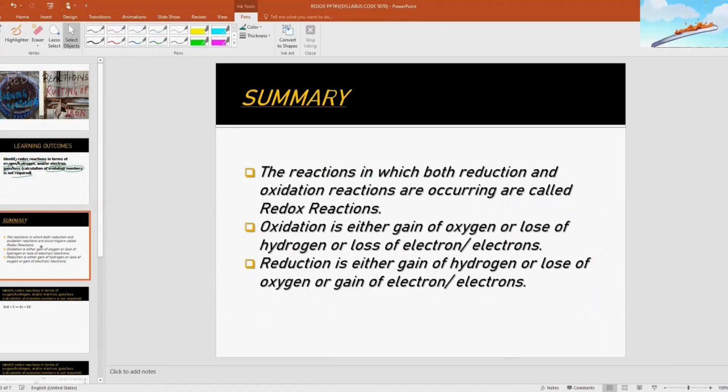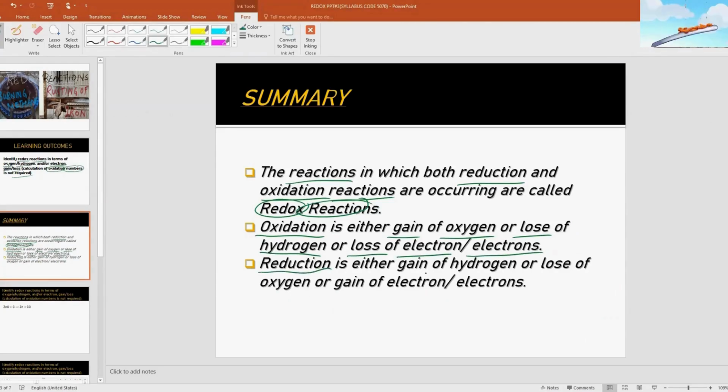Here's a summary of what I have explained about redox reactions so far. The reactions in which both reduction and oxidation are occurring are called redox reactions. Oxidation is either gain of oxygen or loss of hydrogen or loss of electrons.